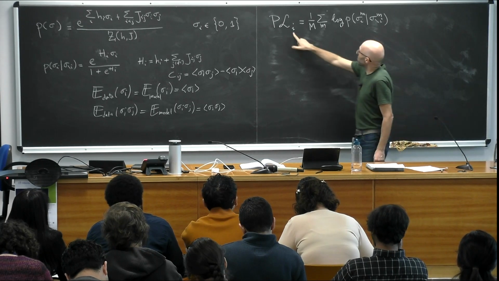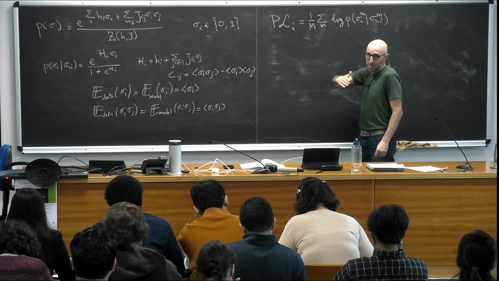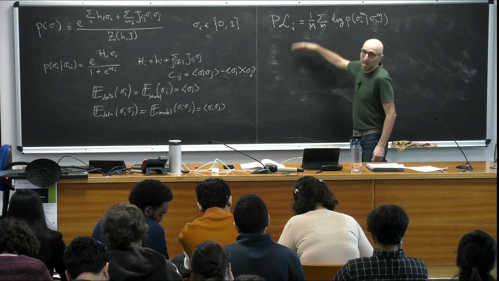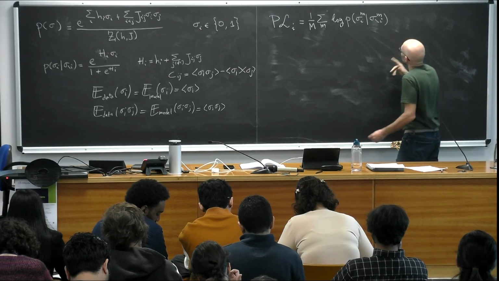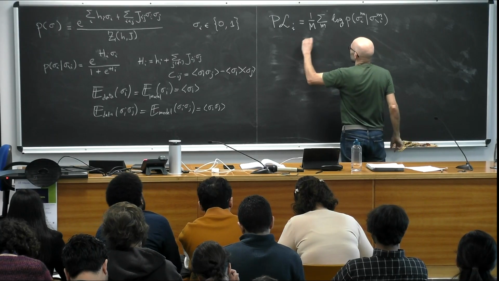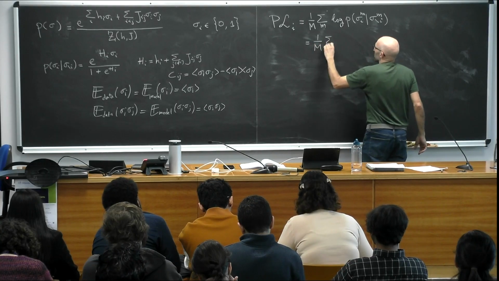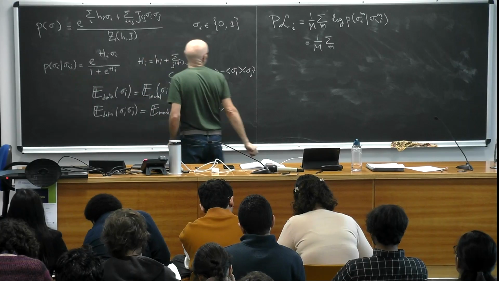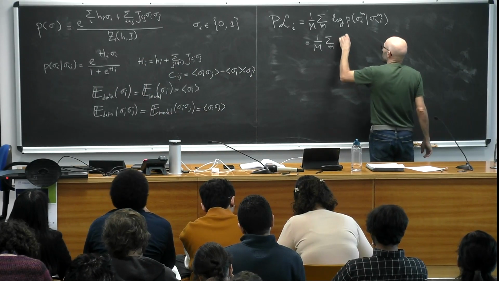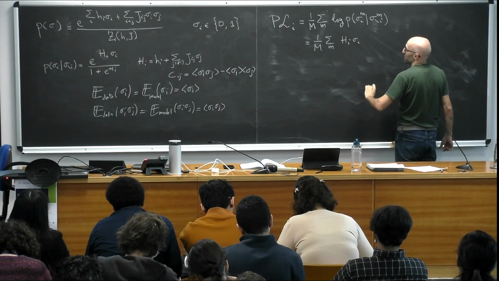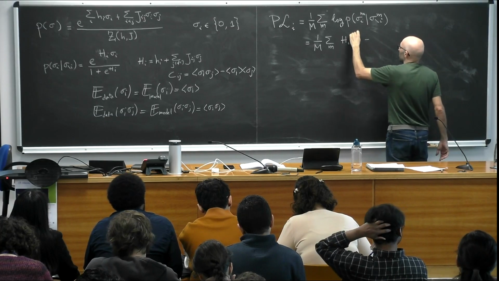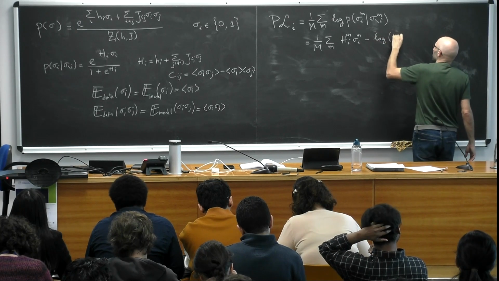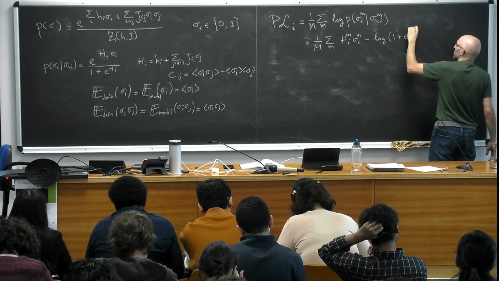You will have one pseudo-likelihood per variable, and you can do it separately or you can sum them. It's the same. Why? Because this thing is 1 over m. When I take the logarithm of this, I get h_i sigma_i minus the log of 1 plus this.